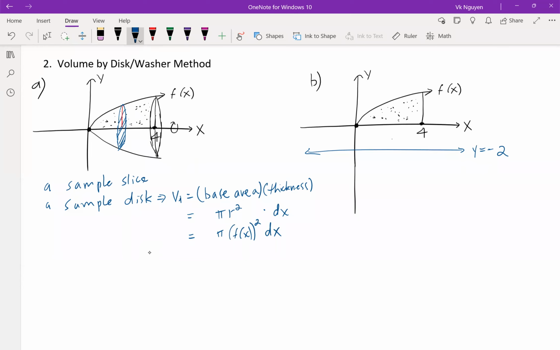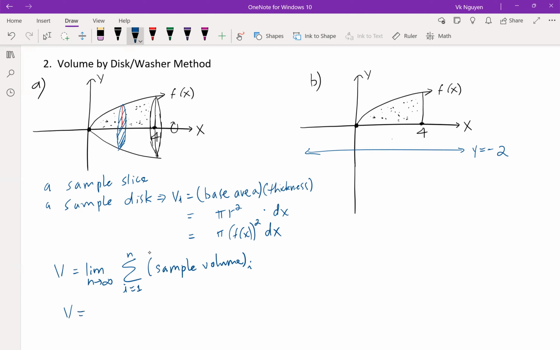In order to compute the volume of the entire solid, we add them up using a summation from i equal 1 to n of the sample volume. To get the precise volume, we use the limit as n goes to infinity. This is the volume of the solid.